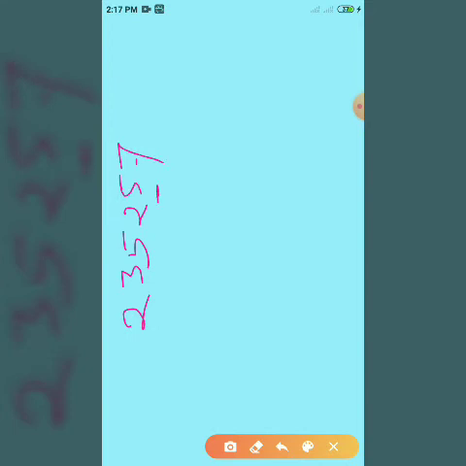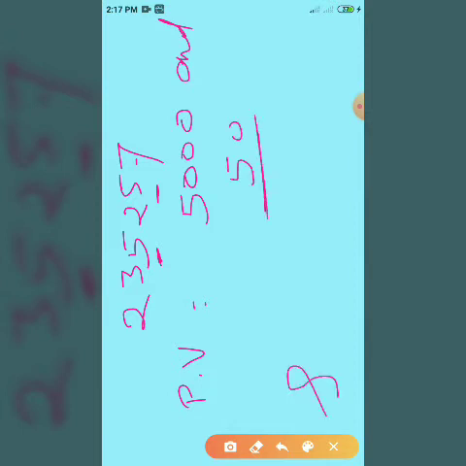There are two 5s, this and this. First of all, find the place value of these 5s. The place values are 5,000 and 50.